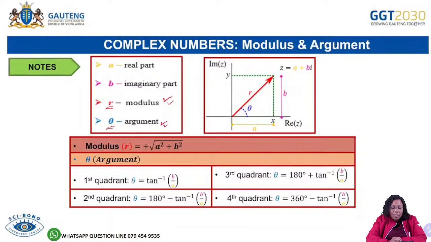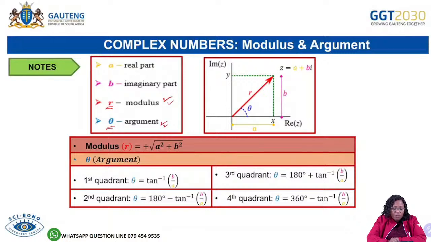And then theta is the argument, we used to call it theta in trigonometry. So under the complex number, they are just changing the naming of the letters. R is modulus, and then theta is argument. Whatever was our x is now a, the y is now b there.